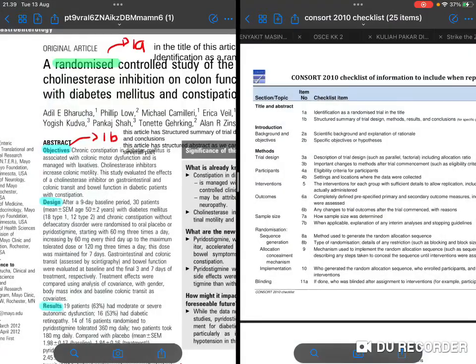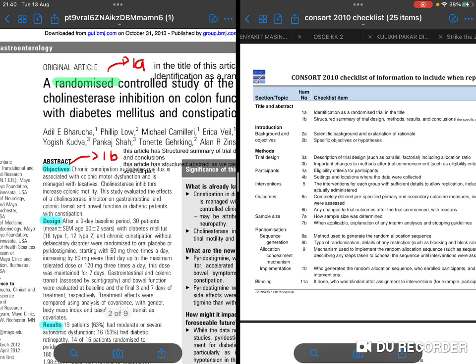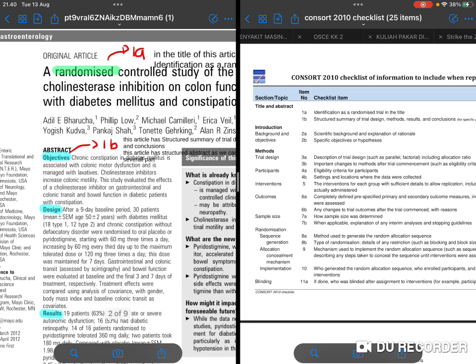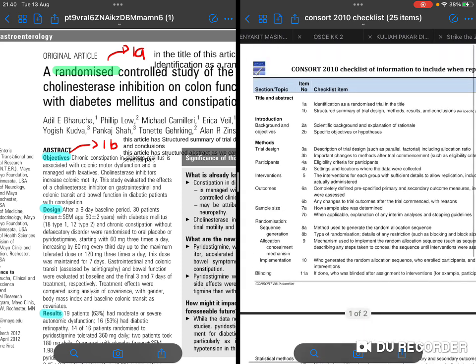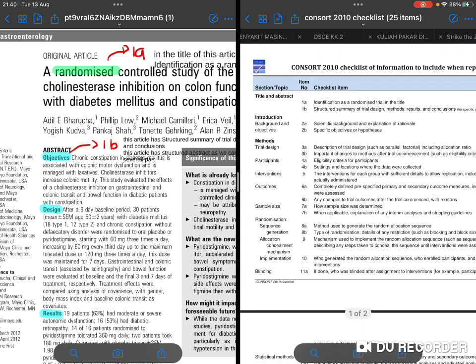First, I'm going to find the items of the consort checklist of introduction in the article, and then after that, I'm going to find the items of the consort checklist of methods, followed by result in this RCT article, and then I'm going to find the items of the consort checklist in the discussions. So here is the list of the items, and then finally, I will summarize the presentation.